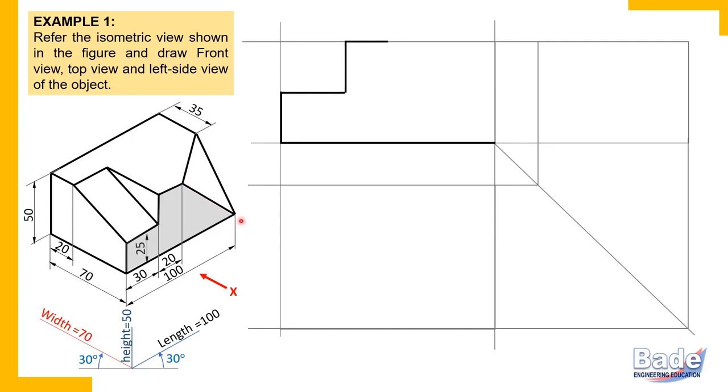And now remember what I am telling you. Non-principal edges you are going to construct always by joining ends. We don't measure any length of non-principal edge in orthographic or isometric views. Remember, non-principal edges are to be drawn by connecting their ends. You will get the ends of that edge first.